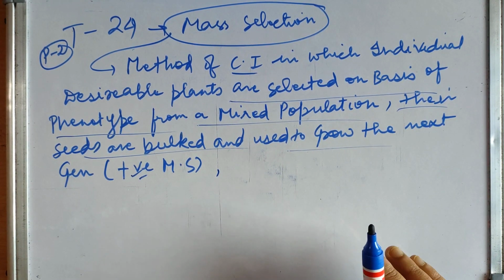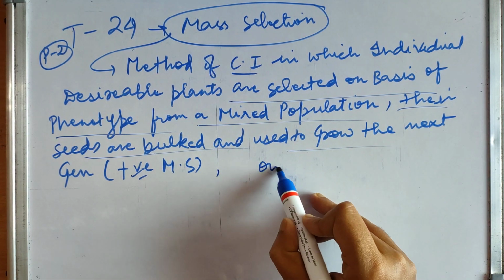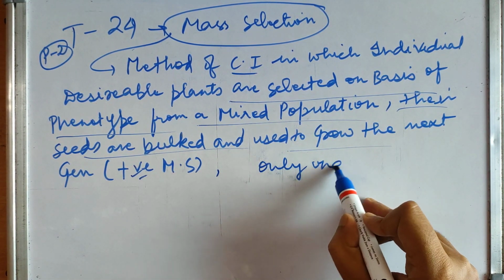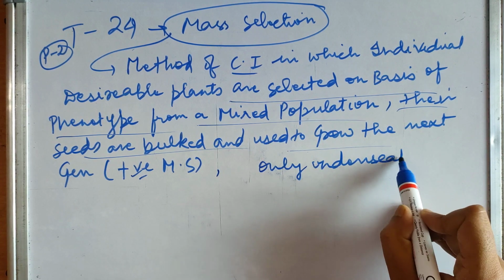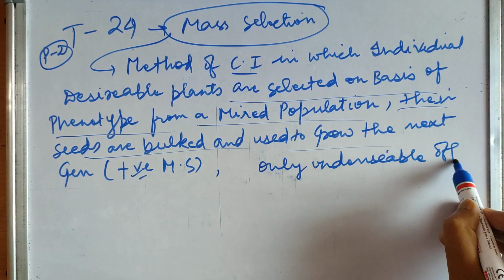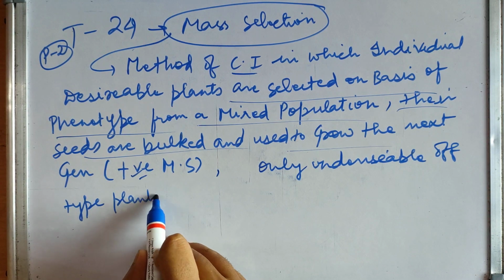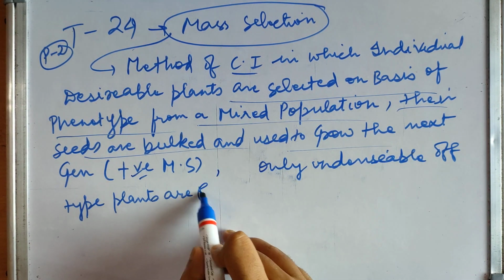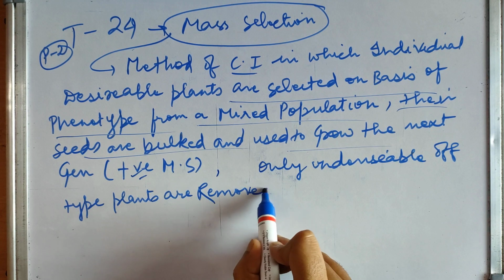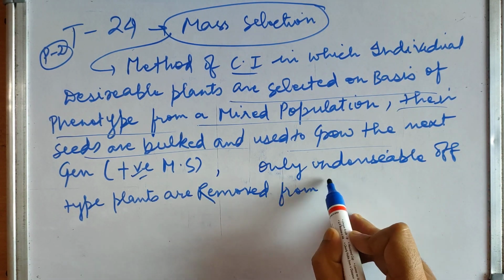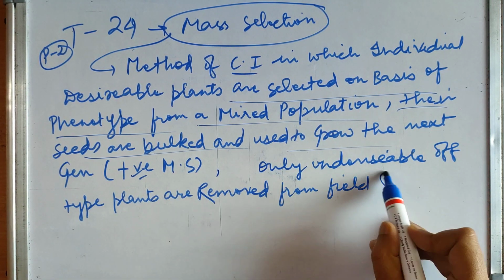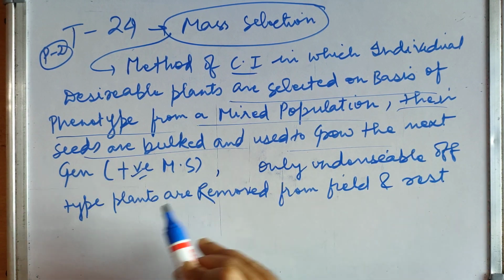Sometimes only undesirable off-type plants are removed from the field and the rest are allowed to grow further.